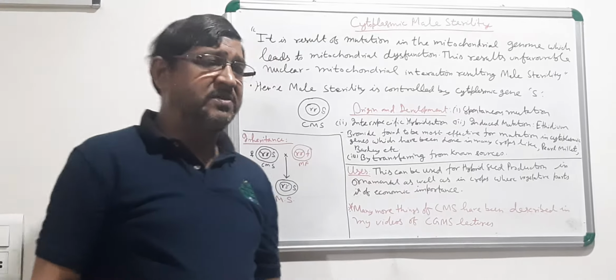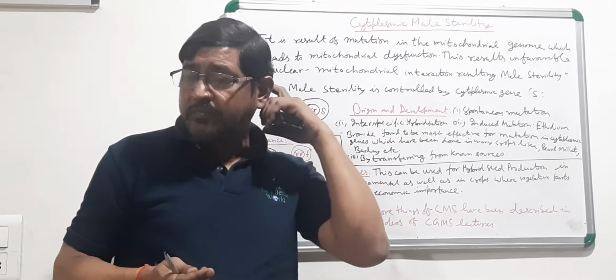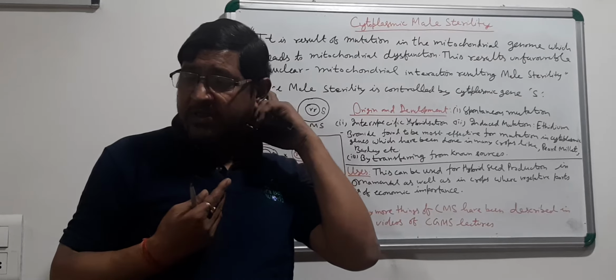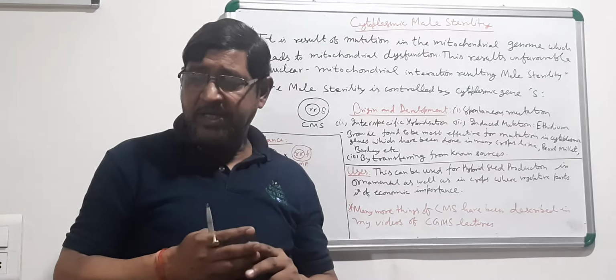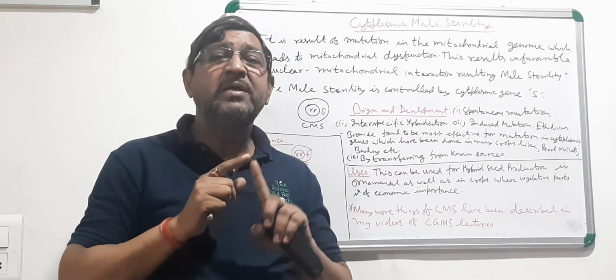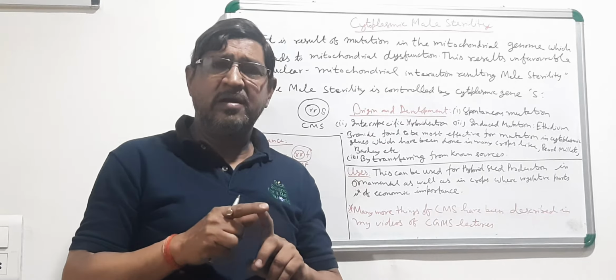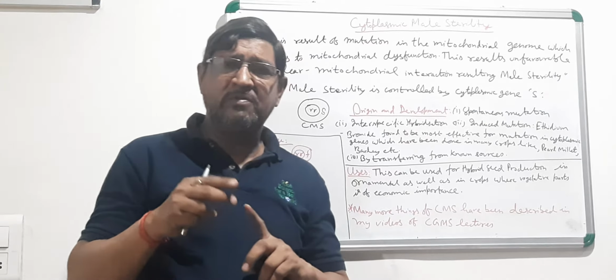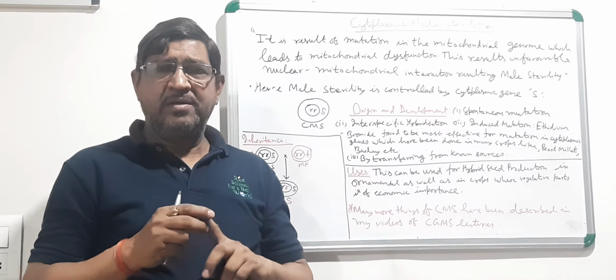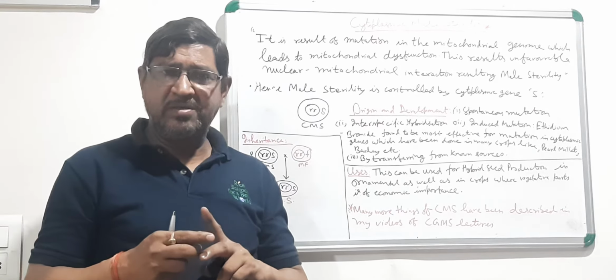While discussing the types of male sterility, we discussed genetic male sterility, in which I described many types: the general type of genetic male sterility, EGMS, PGMS, TGMS, then TRGMS.